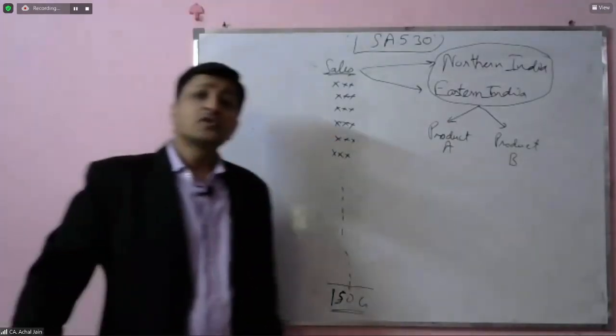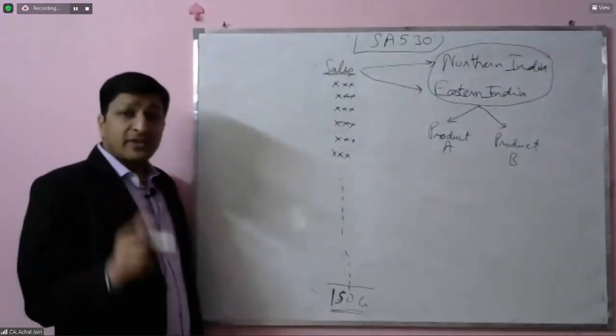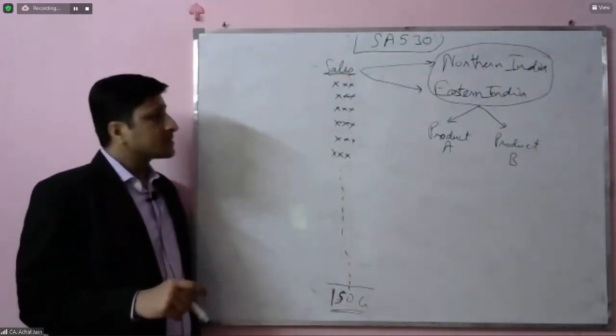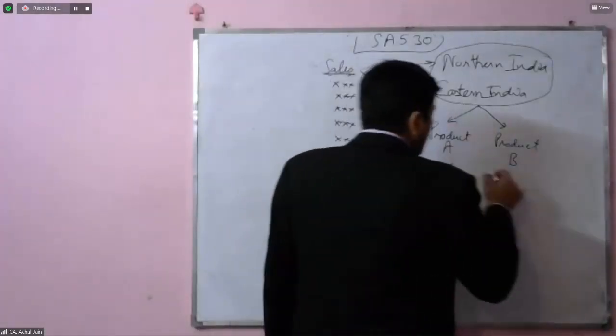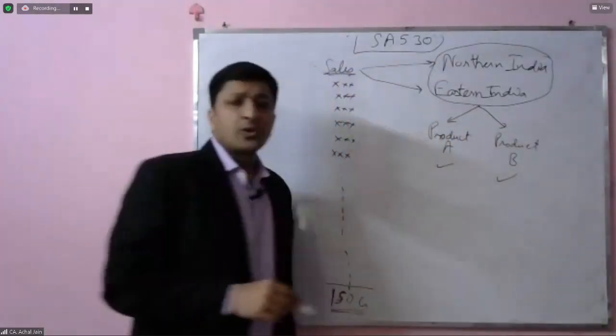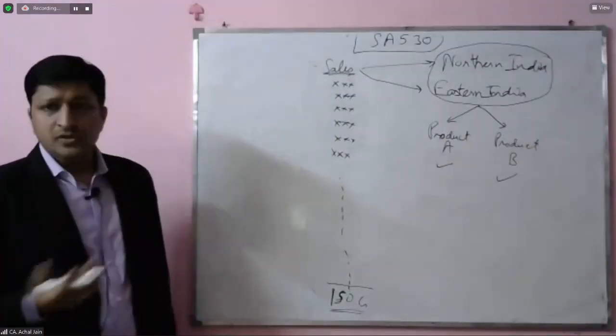Now, the auditor wants to ensure that if he wants to pick up some samples, then he gets a sample for both the types of products sold during the year, which is possible.